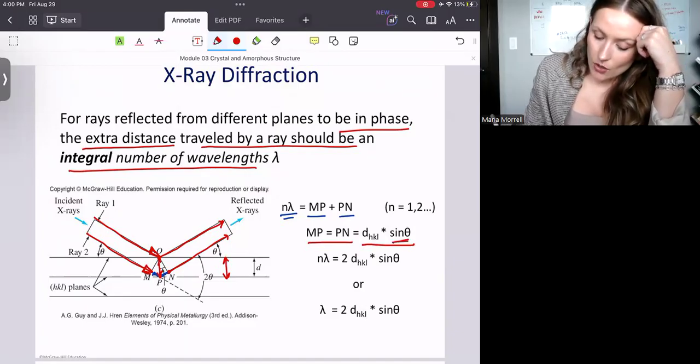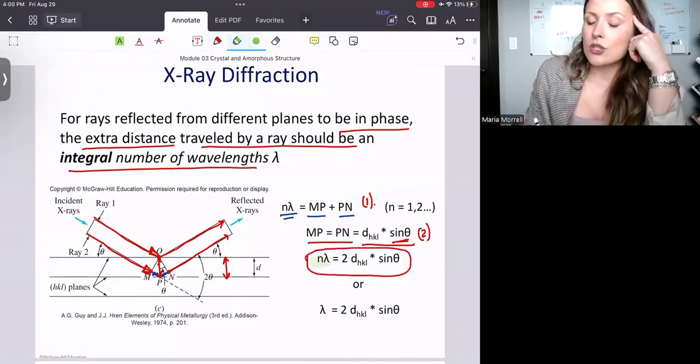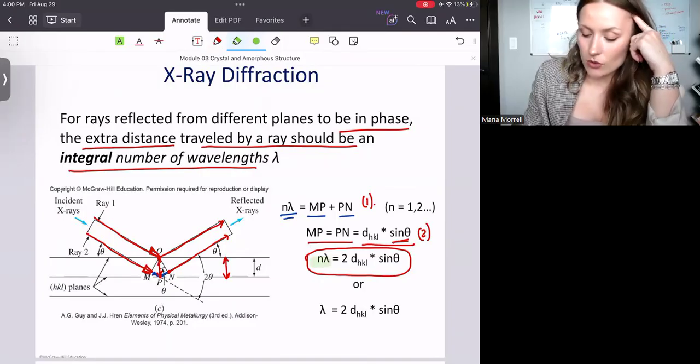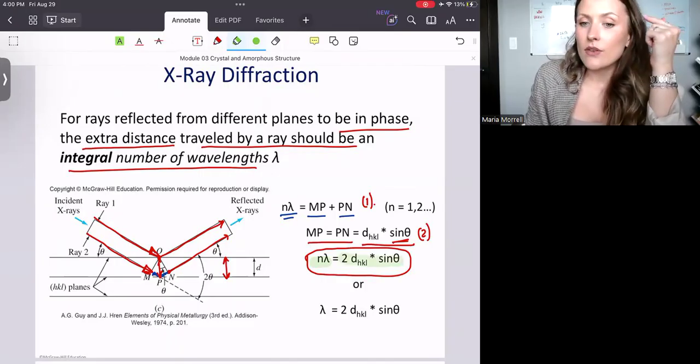So I can now use equation one and equation two and combine them into this one, where an integer number of wavelengths is equal to 2 times the interplanar distance times the sine of angle theta.